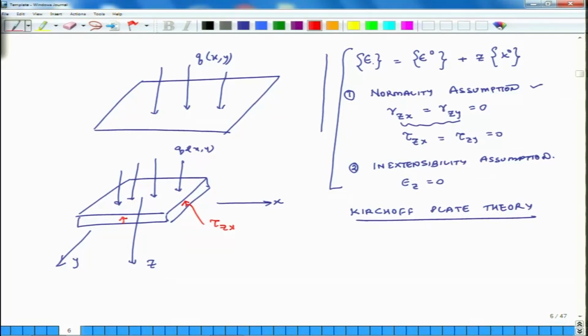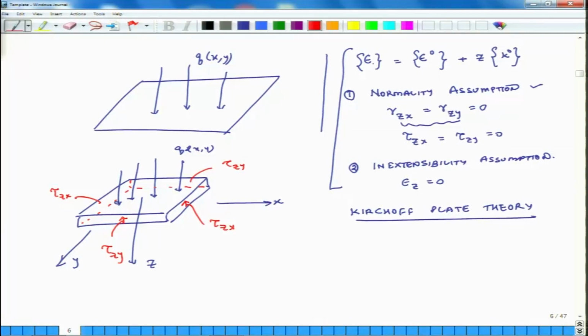This will be tau zy. And likewise, we will also have shear stresses tau zx on the other side and tau zy on this plane and tau zx on this plane, right, based on our sign convention.